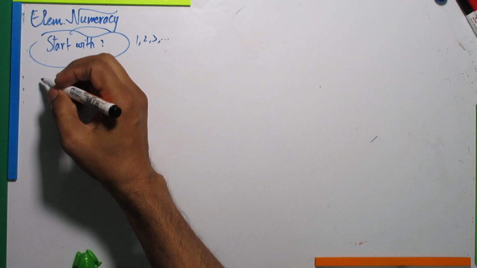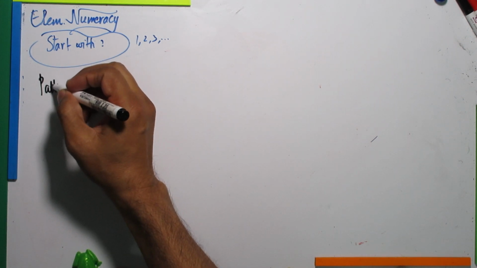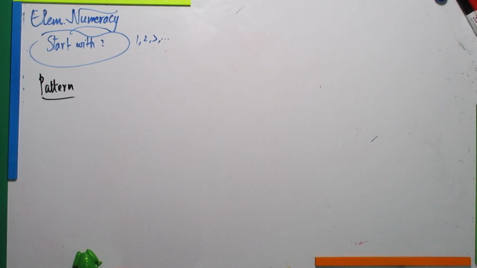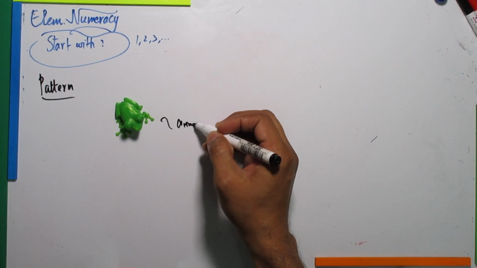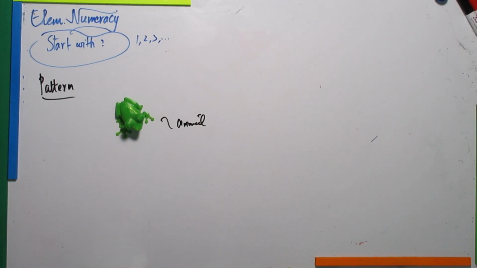Pause a little bit and think. We see patterns in everything, right? Whenever something comes in front of us, in our mind we try to associate it with something already in our memory and put it in that folder. Oh, it's an animal, so there is some animal folder in my brain.